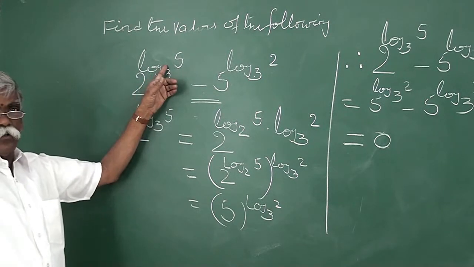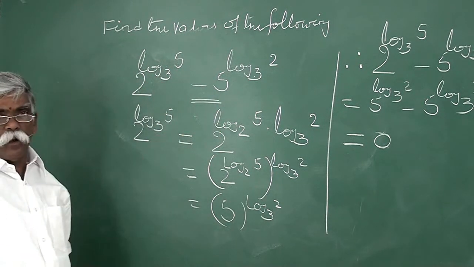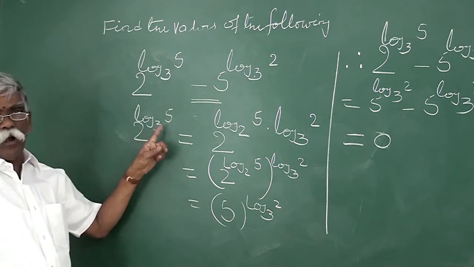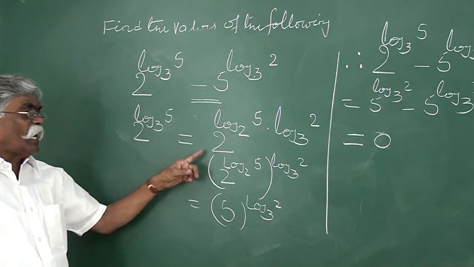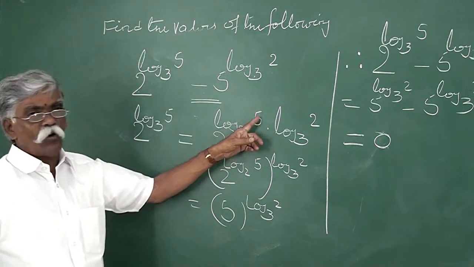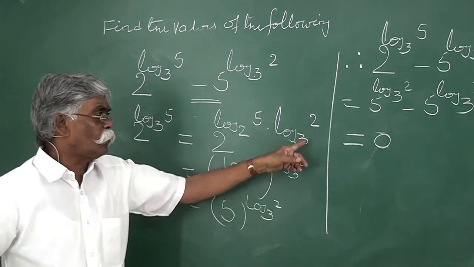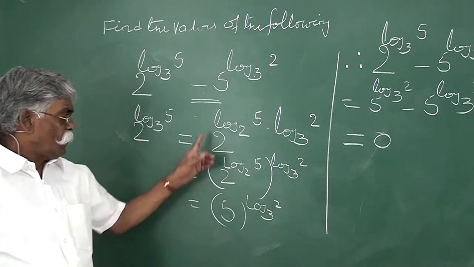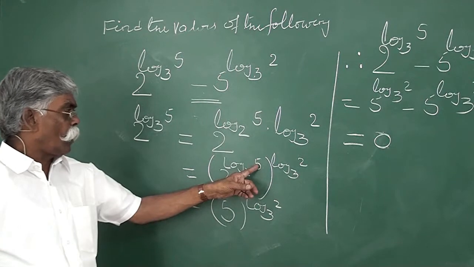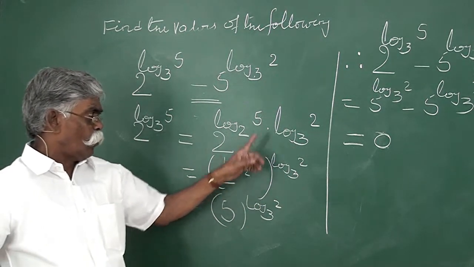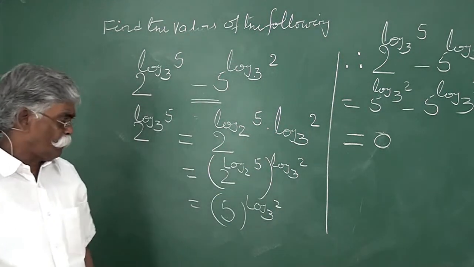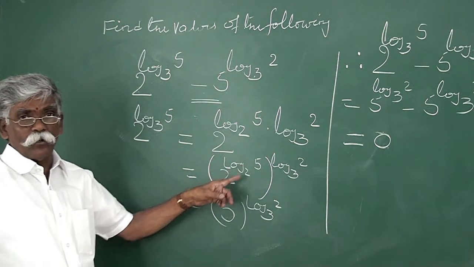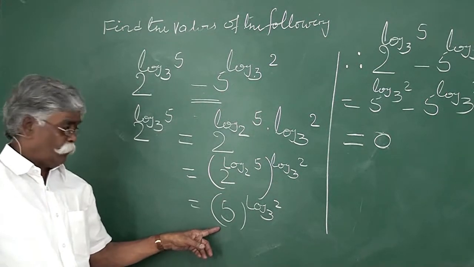So 2 power log 5 to the base 3 minus 5 power log 2 to the base 3 is given. Now 2 power log 5 to the base 3 is written as 2 power log 5 to the base 2 into log 2 base 3 using the change of base method. Now this is 2 power log 5 to the base 2 whole power log 2 base 3, and the value of 2 power log 5 to the base 2 is 5.